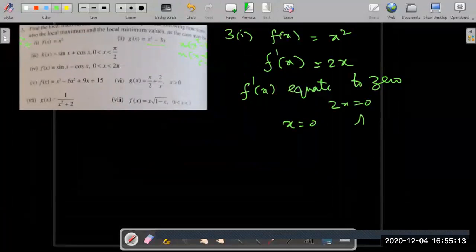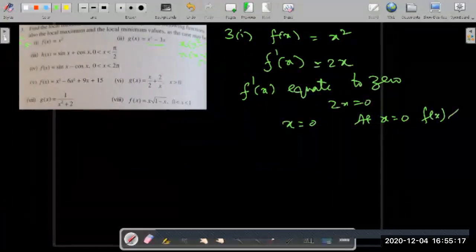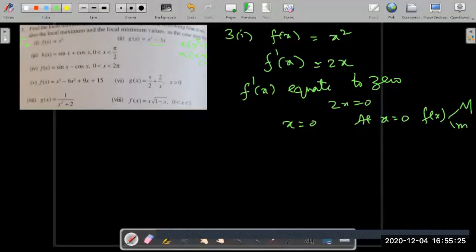So at x equal to 0, f of x is either maximum or minimum. We need to try how do we get this. Okay, so we have a second derivative test. That second derivative test basically means we do one more differentiation. That means try f double dash x. This is called a second derivative test.